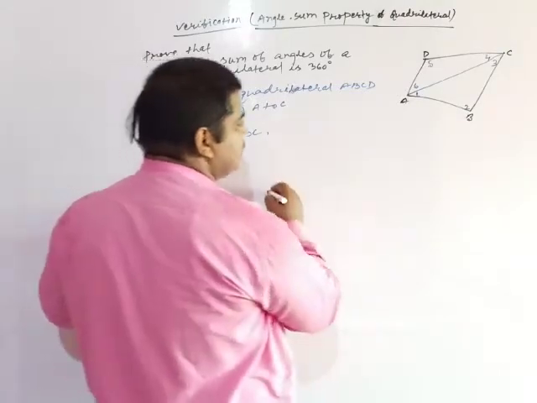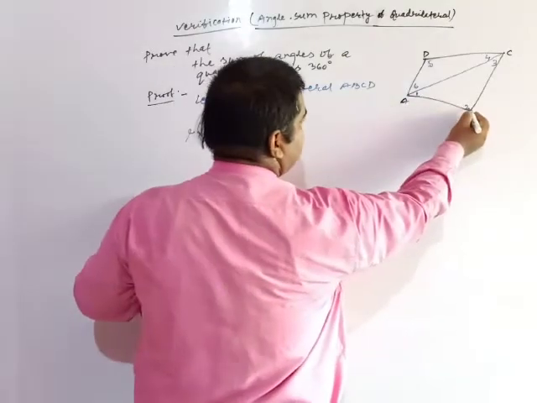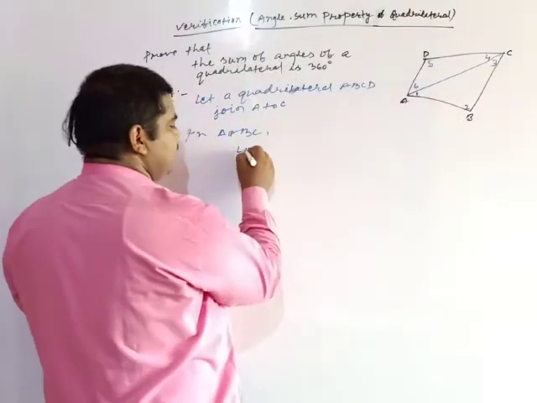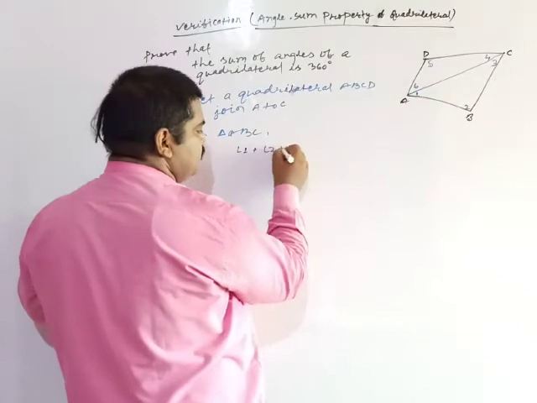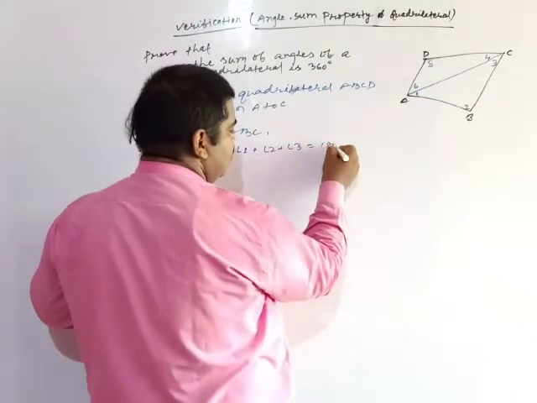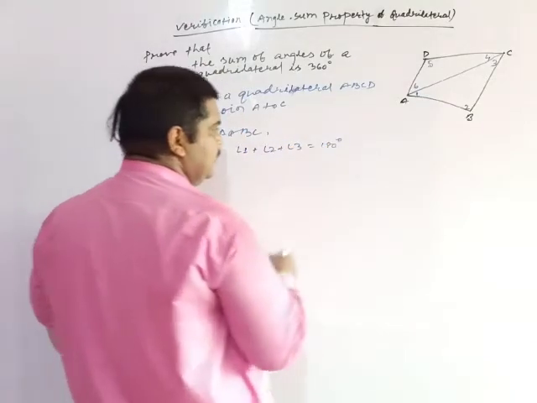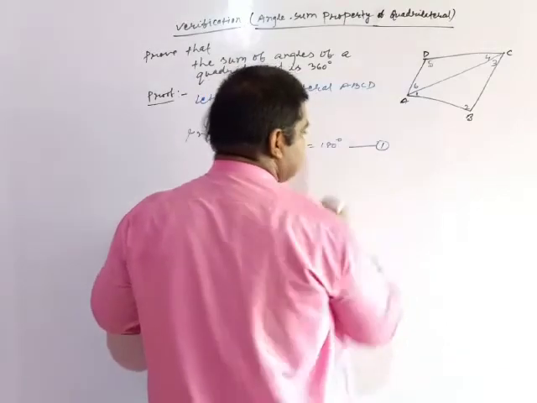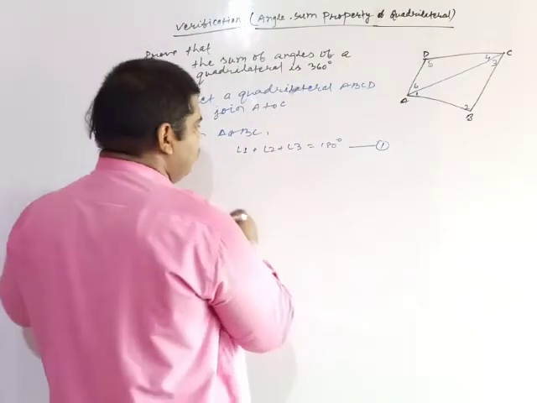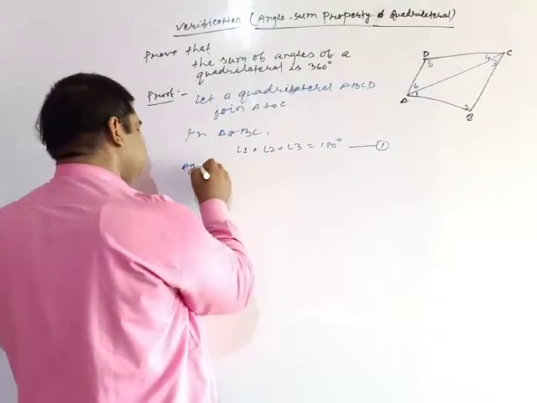I have to utilize it, and here angle 1 plus angle 2 plus angle 3 is equal to 180 degrees, and it is considered as 1. We know very well.